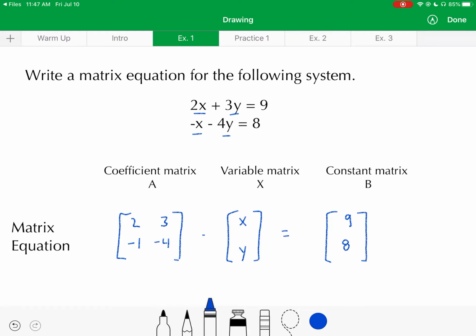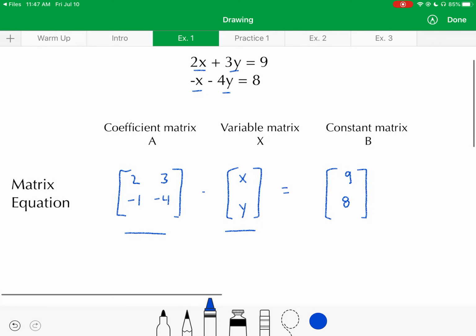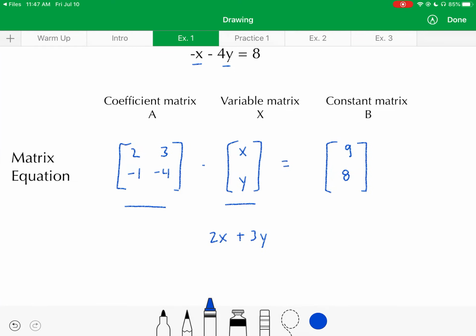Okay. And if you actually perform the multiplication between these two matrices, you're going to notice that it's just going to take you to the matrix 2x plus 3y for a first row, first column element, and then negative x minus 4y for a second row, first column element.